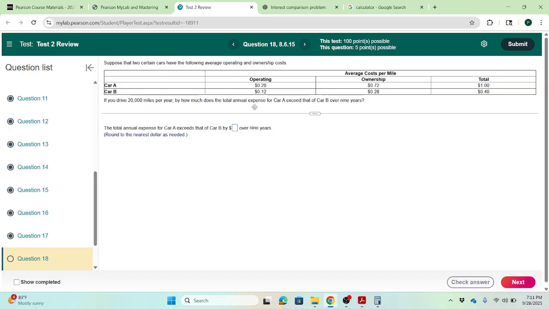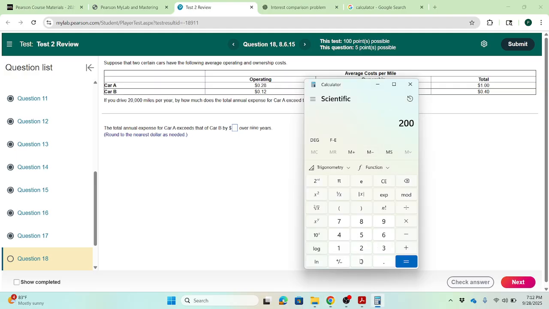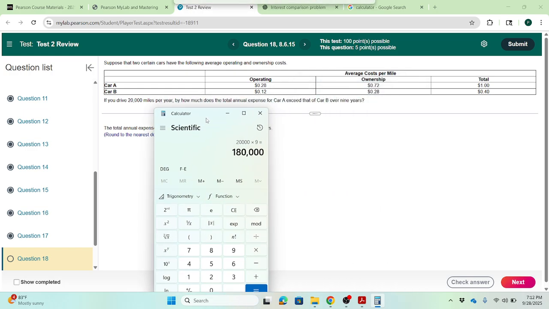So over 9 years, this is per year, average cost per mile for 20,000 miles per year, and then 9 years means it's how many miles? 20,000 per year times 9, that's 180,000 miles.